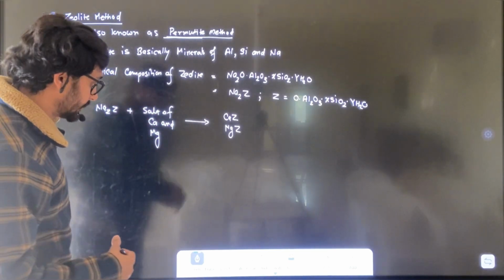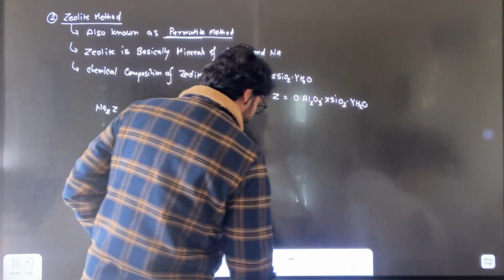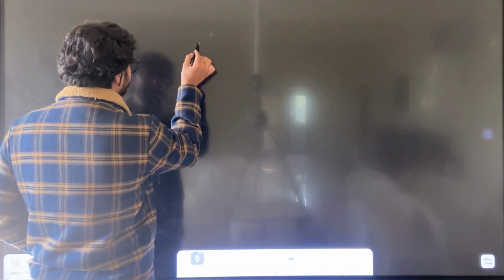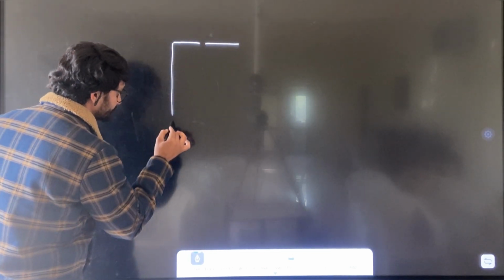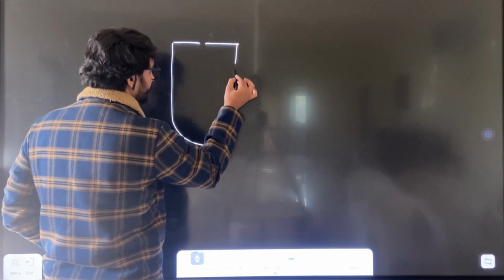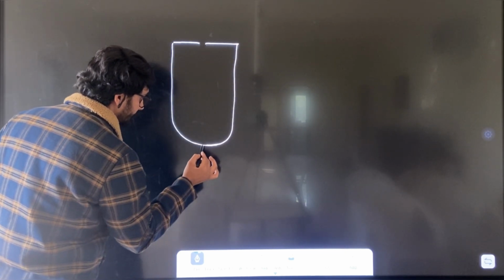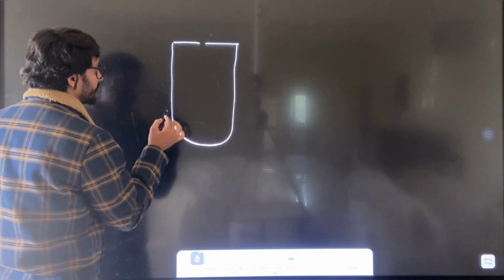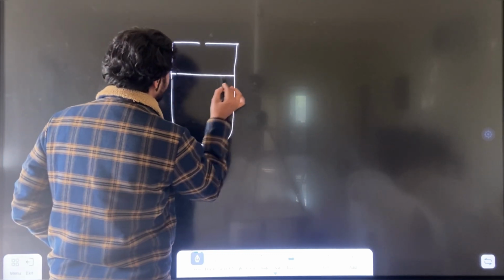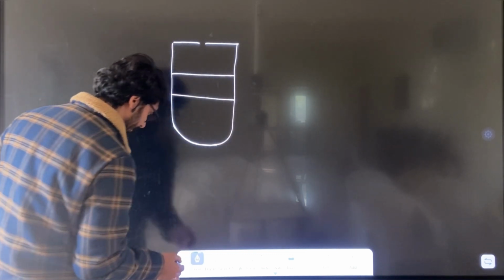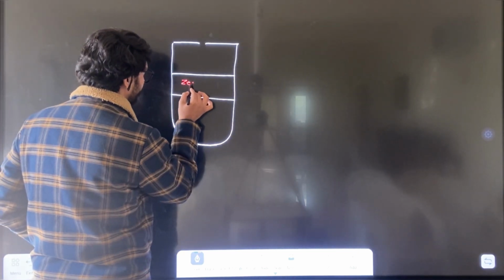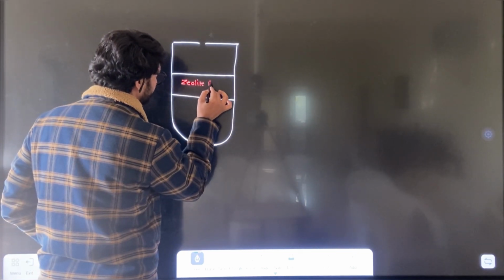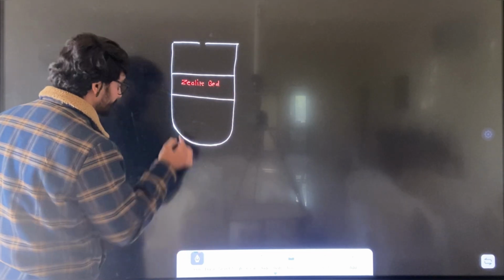In this zeolite method, there is an instrument used to remove the hardness. Basically, we have a container like this, and in this particular container, there is a zeolite bed.